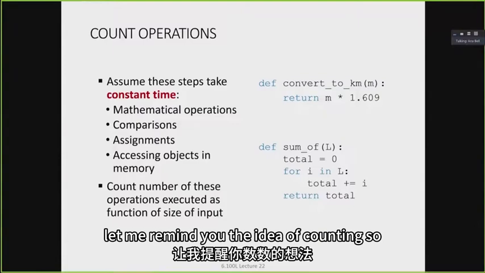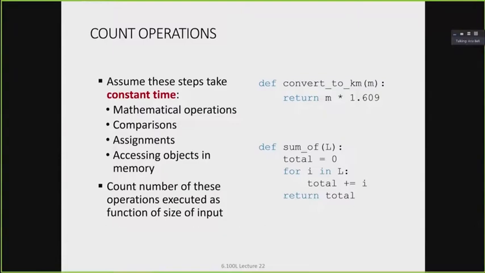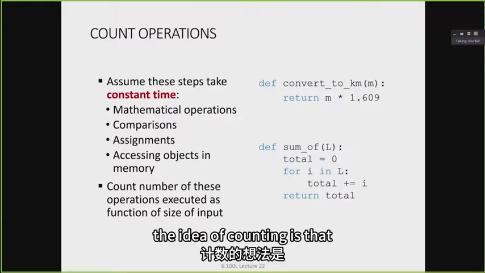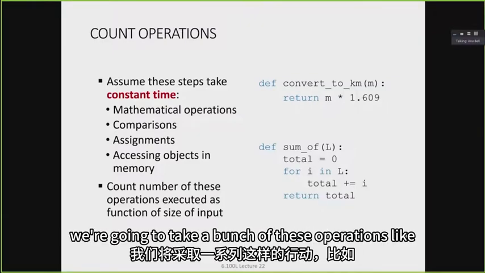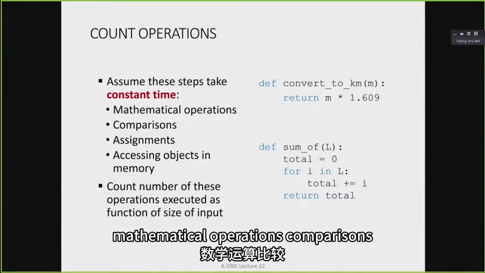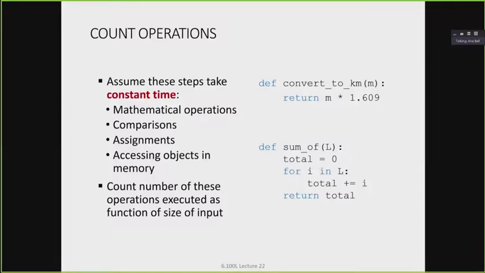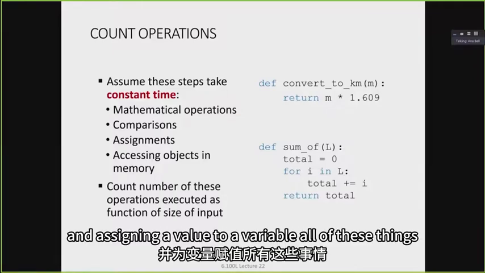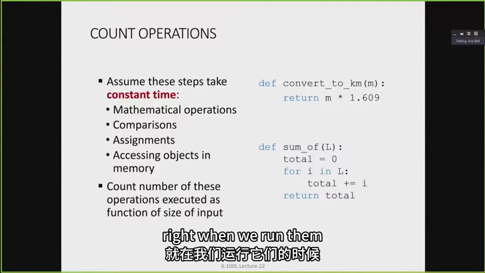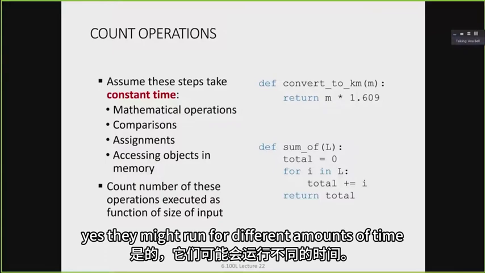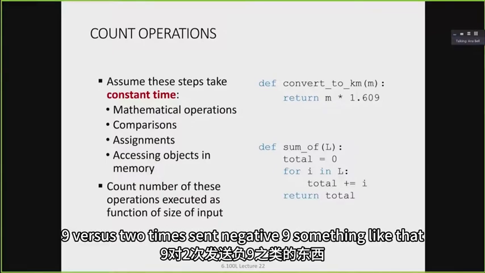Let me remind you the idea of counting. We're going to take a bunch of operations, like mathematical operations, comparisons, indexing into something, assigning a value to a variable. When we run them, yes, they might run for different amounts of time, 1 times 10 to the negative 9 versus 2 times 10 to the negative 9, something like that.